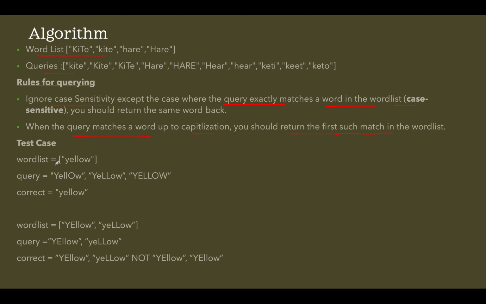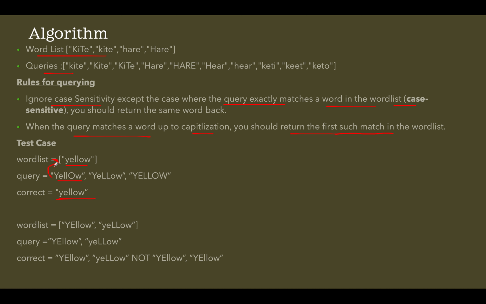So let's talk about the case where you have yellow spelled like this, and the query is YELL capital O and W. The first rule said ignore case sensitivity and do the check in the word list. So if I do a case insensitive check, it will match yellow in the word list, and I have to return yellow, whatever it matches.